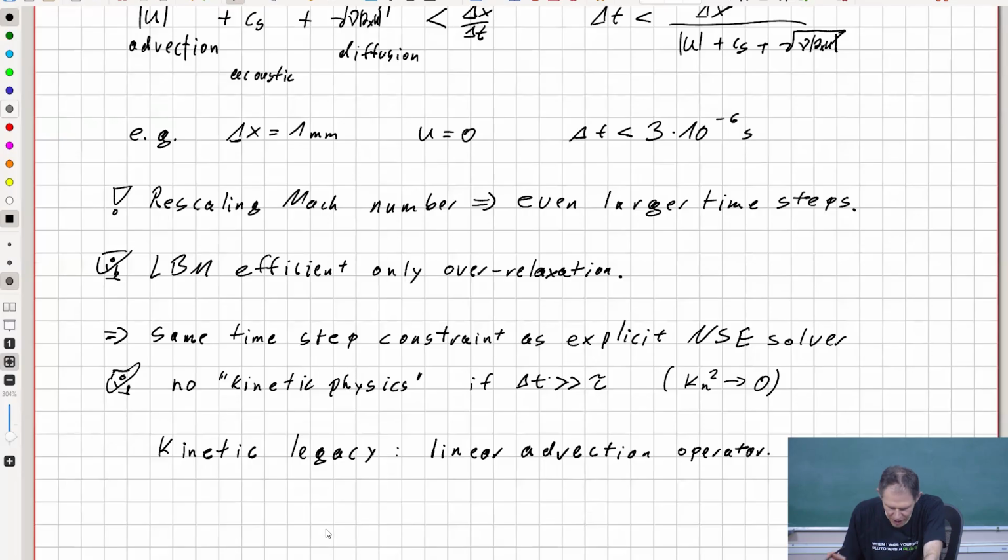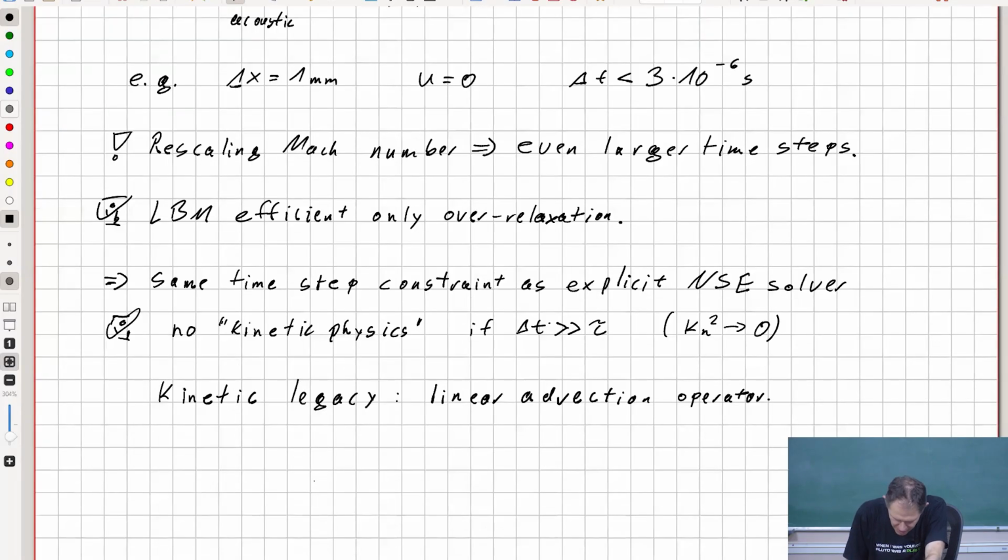Okay, let's look at our discrete equilibrium function. This is a little bit the thing that we had in the exercise yesterday.